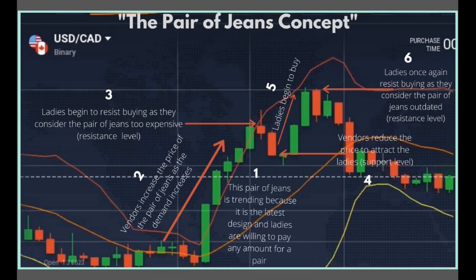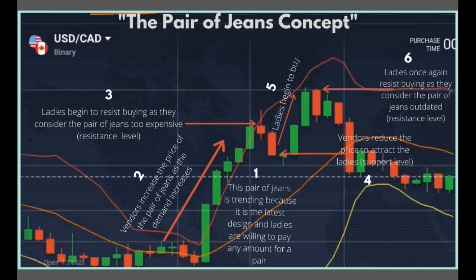So the ladies stopped buying over there, and they resisted buying at that level, because they consider the pair of jeans outdated. That level is called the resistance level. You can see the price crash down.